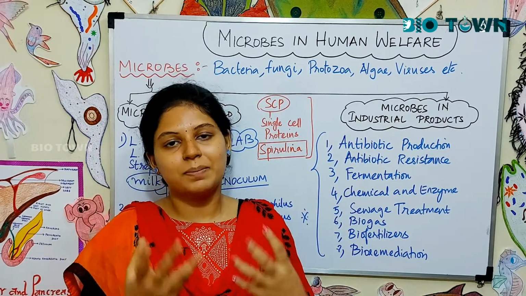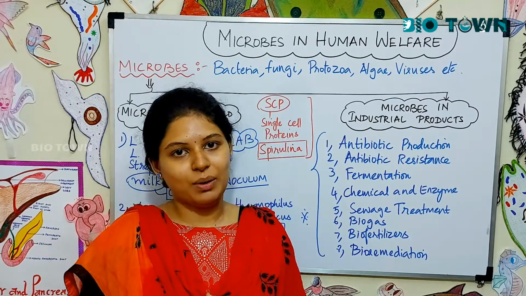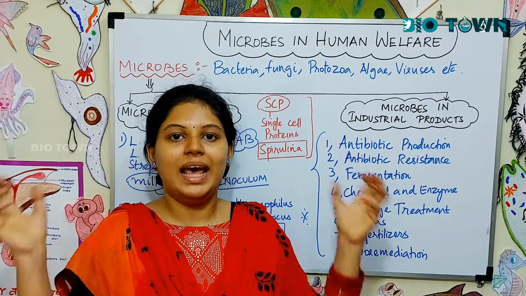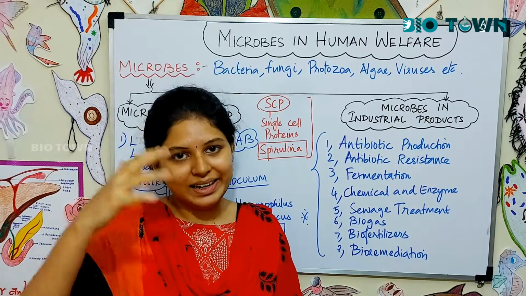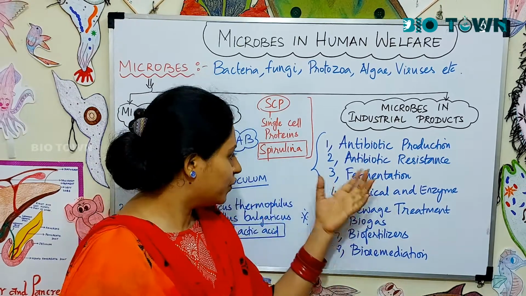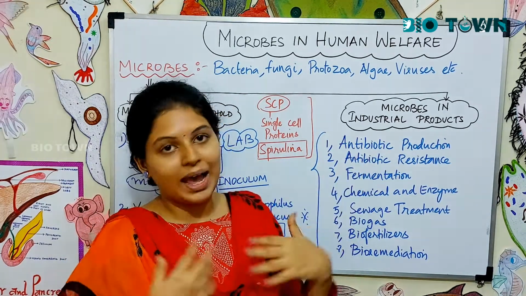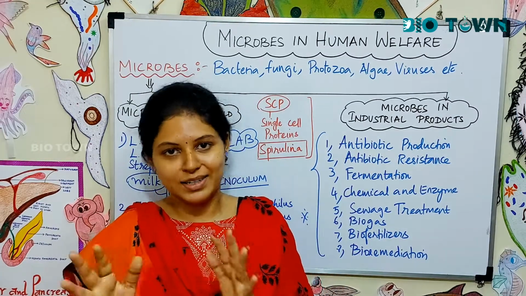So fermentation is the basic principle of making idli batter or dosa batter, whatever. So what will happen when air is passed along with the microbial activity? The dough rises, the batter rises, right? So that is fermentation, and only because of the process of fermentation can you actually have antibiotic production, antibiotic resistance, and all that.